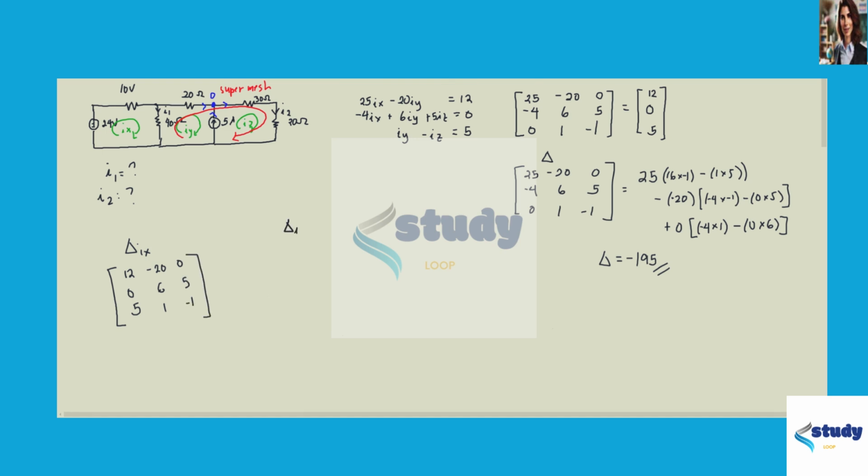For delta Iy, we substitute the second column, giving us 25, negative 4, 0, 12, 0, 5, and 0, 5, negative 1. And for delta Iz, the third column, giving us 25, negative 4, 0, negative 20, 6, 1, and 12, 0, 5.